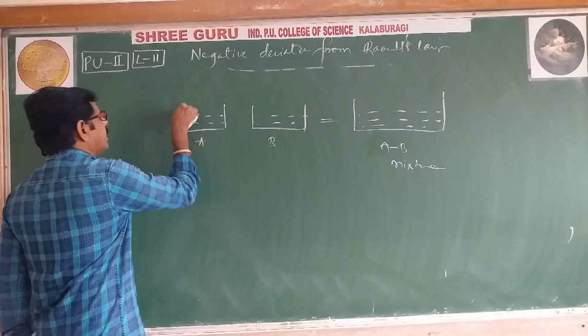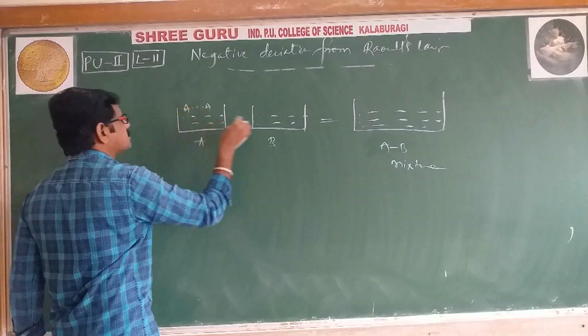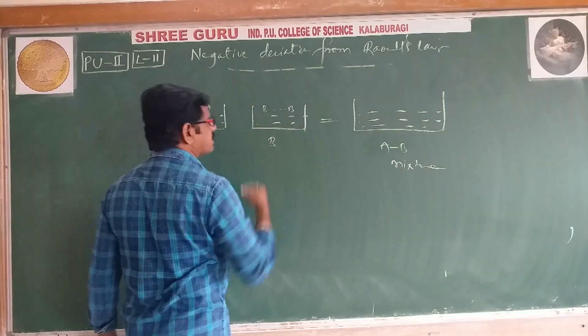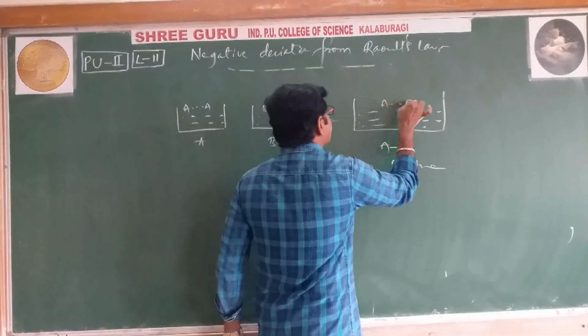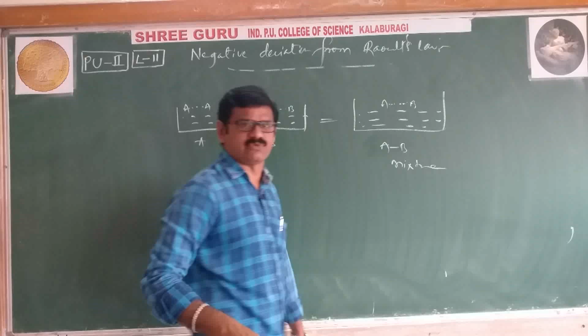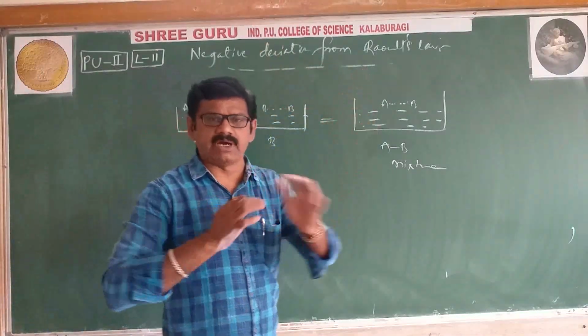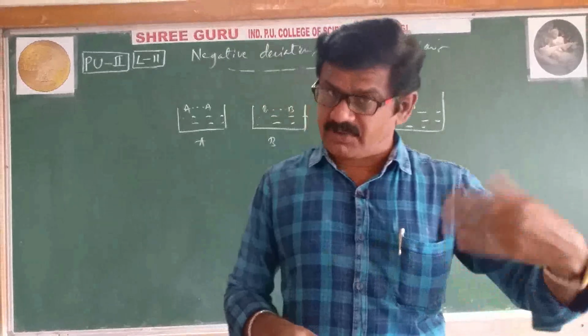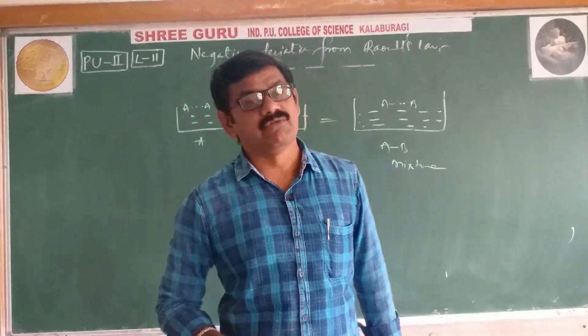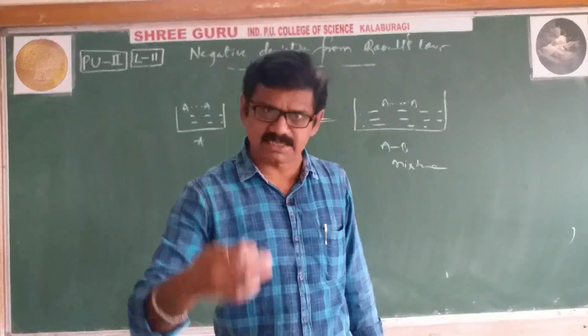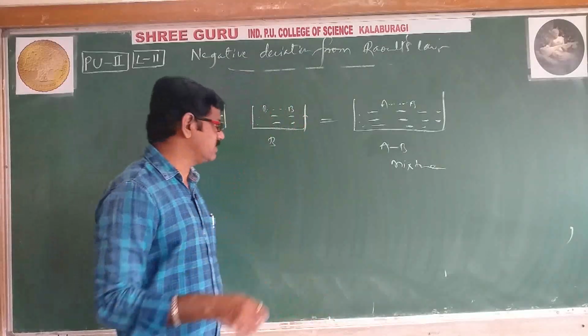Here between A and A we have attractions. Here between B and B we have attractions. Here between A and B we have attraction forces. Now we are discussing negative deviation. Again we have to compare the attraction forces, where they are more and where they are less. Very simple.